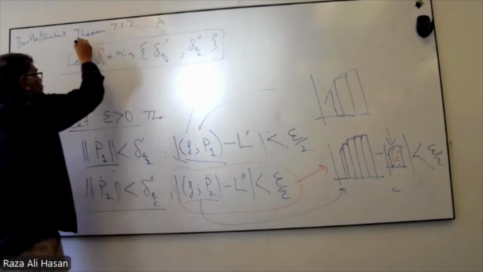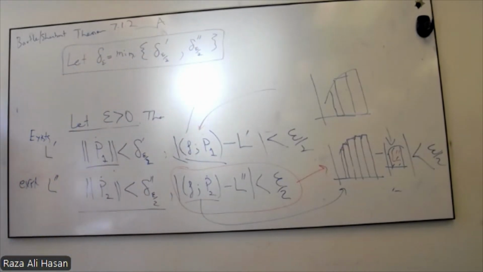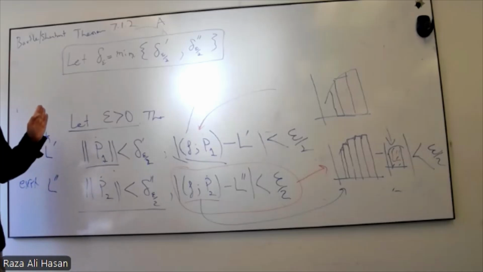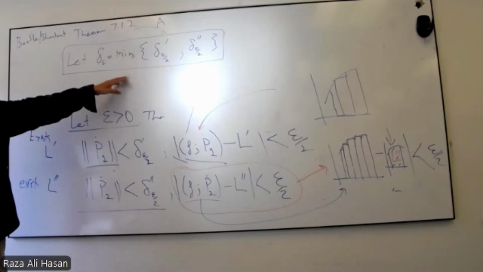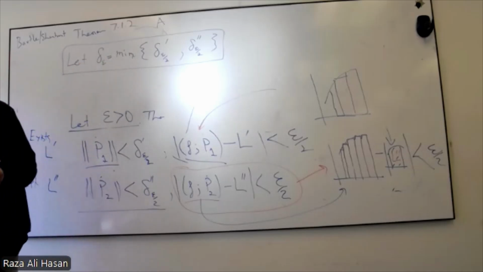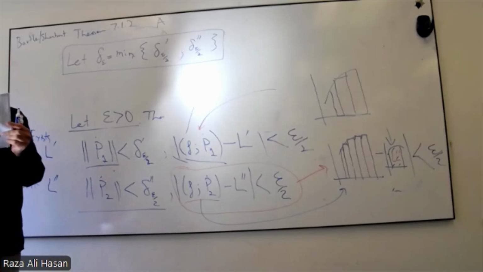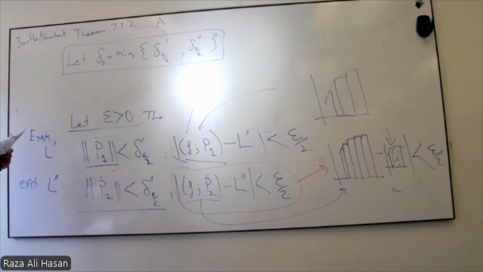So we are halfway there. What's the other thing we need to do? We need to choose one of the partitions. Which one should we choose so we can compare, because L1 and L2 exist and they're different numbers? So we need an identical partition.